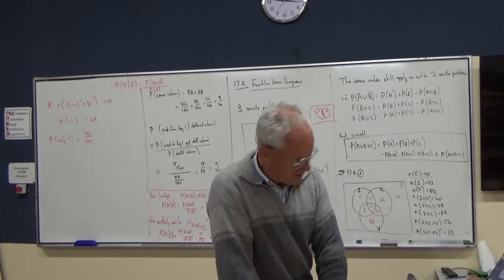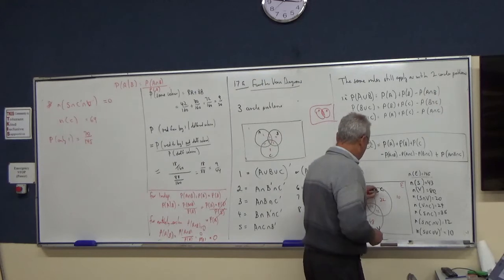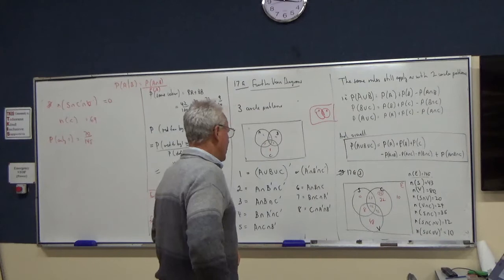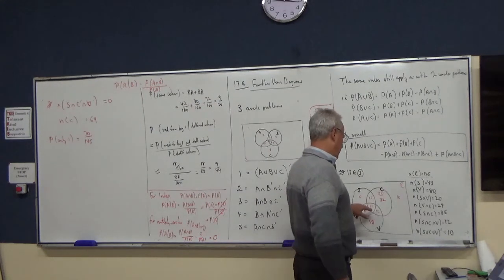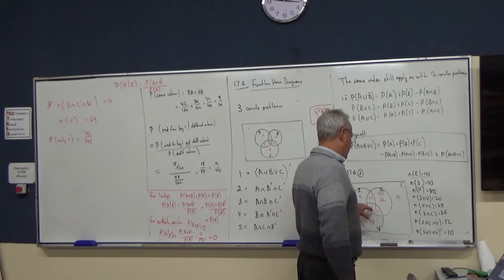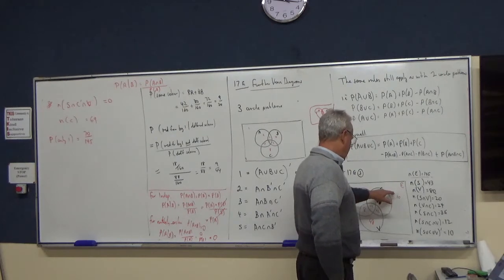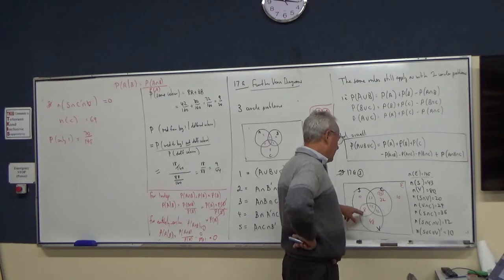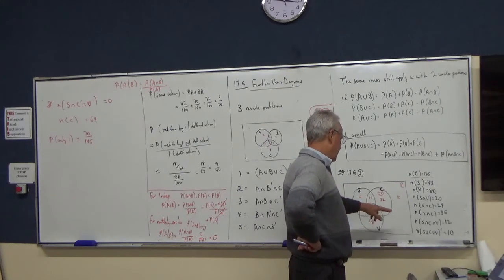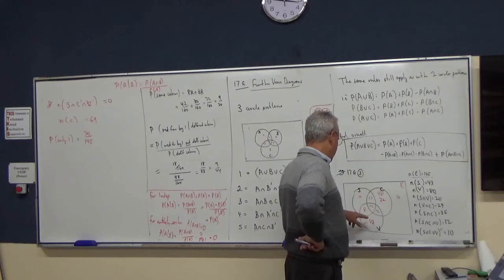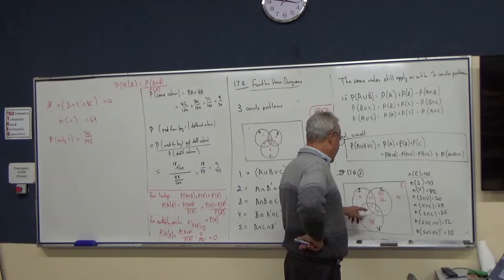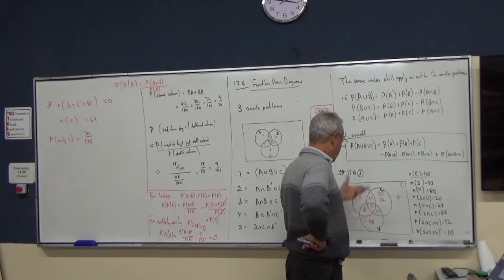Okay, so in their solutions they've got 32 here. We've got 12 in the middle, there's 10 outside. S intersection C is 35, V intersection C is 24, S intersection V is 20.